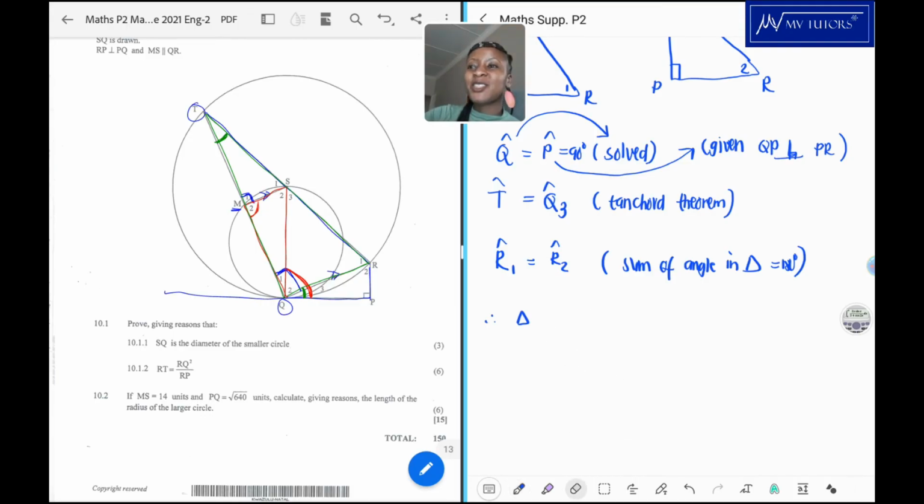So I would say triangle RTQ or RQT. Let's say RTQ. Triangle RTQ is similar to triangle RQP.